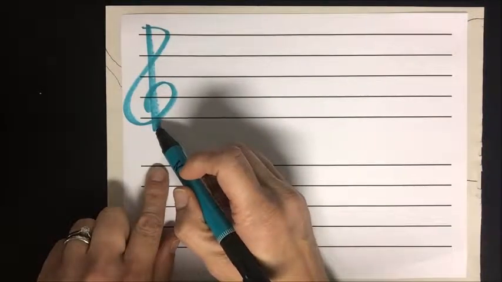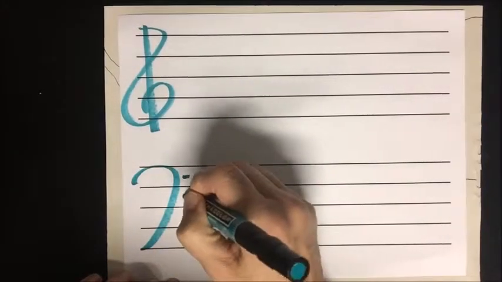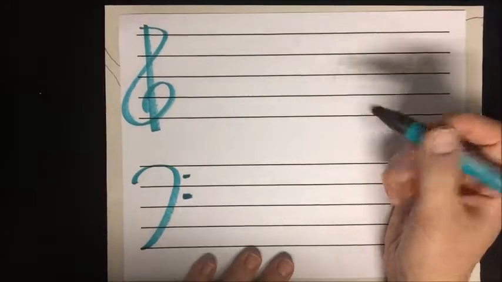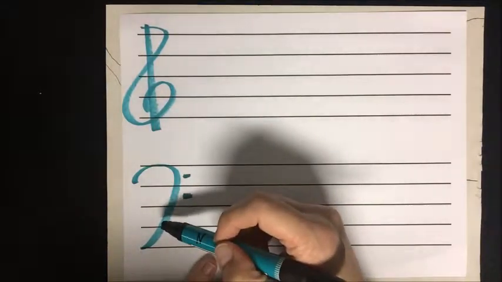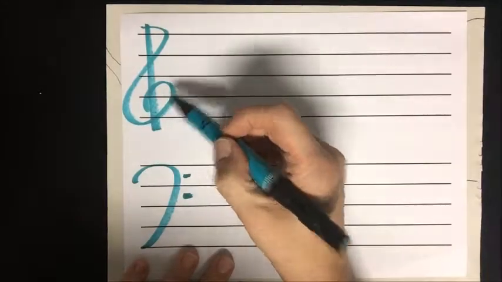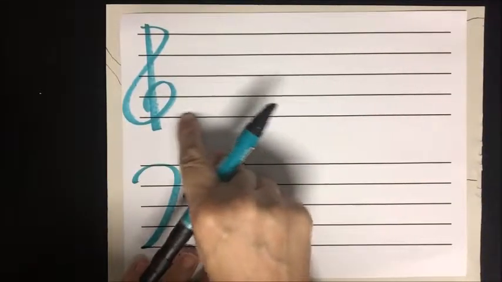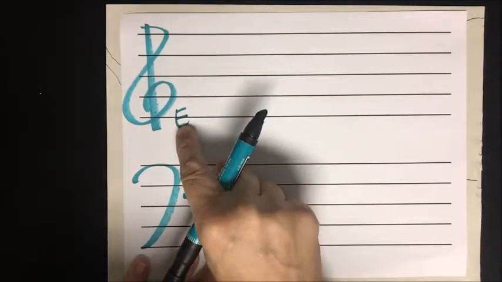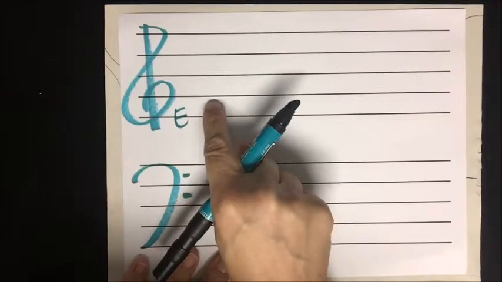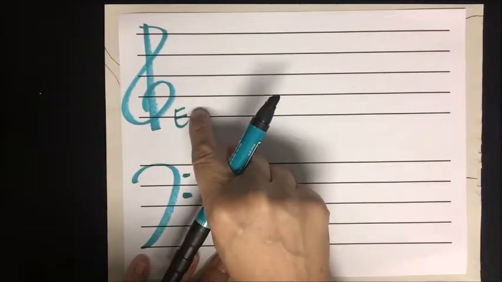So as I mentioned before, we have the treble clef as well as the bass clef in keyboard playing. The treble clef represents the high notes and the bass clef represents the low notes. In the treble clef, the lines and spaces are defined as follows. This very first line here is an E. And because this is an E, then we will go up in alphabetical order with the musical names of notes.